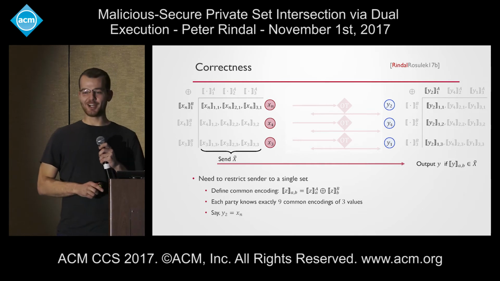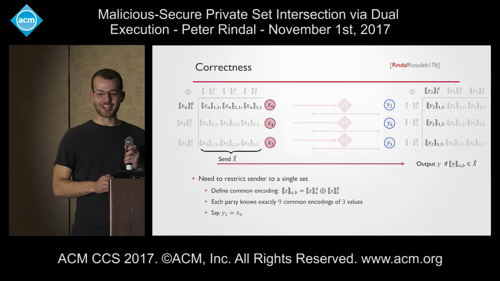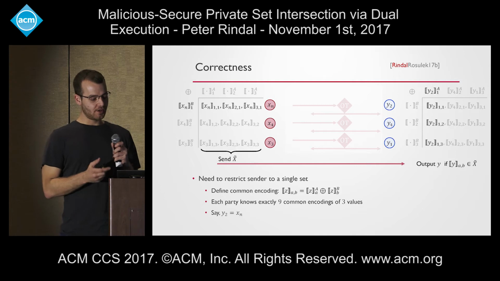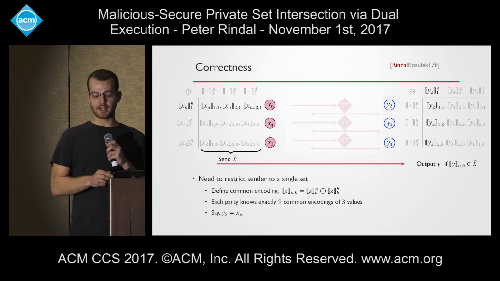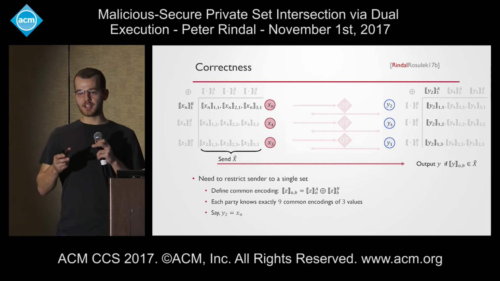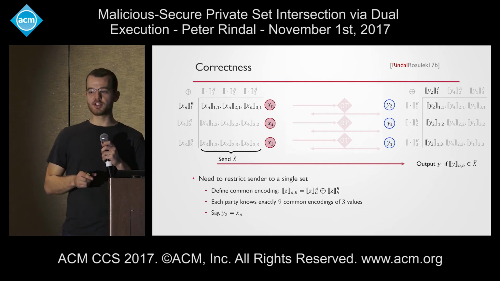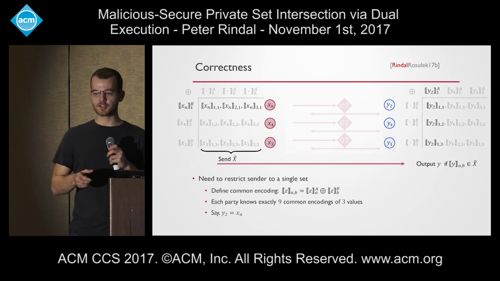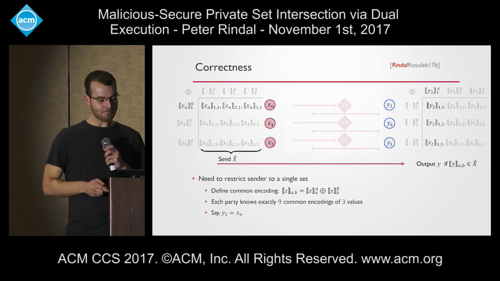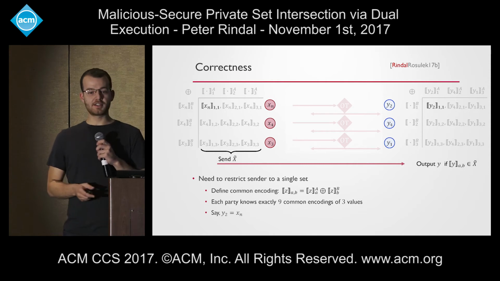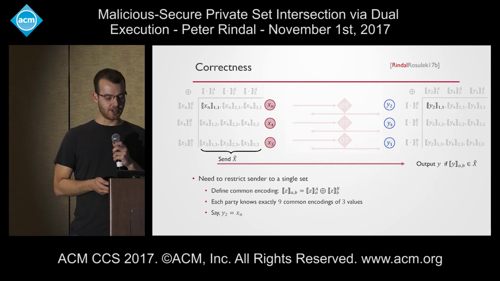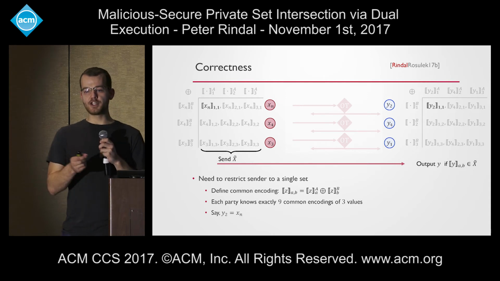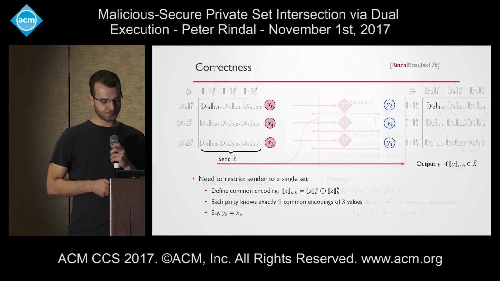Well, it's somewhat involved, but I'll try to give a highlight of what's going on here. We need to show that there's a simulator which can convert malicious behavior by the sender into some sort of semi-honest or consistent set X star, which is then forwarded to an ideal functionality. This is just the general paradigm for how we prove security. The first thing this simulator does is receive the possibly malicious, incorrect messages of X tilde. Now it needs to figure out which of these encodings it needs to pay attention to.